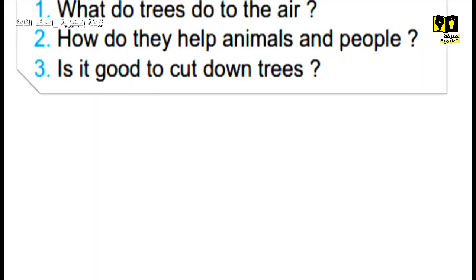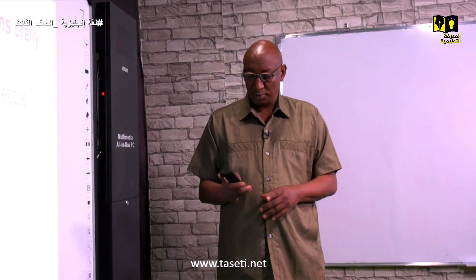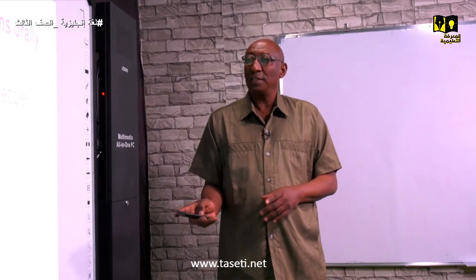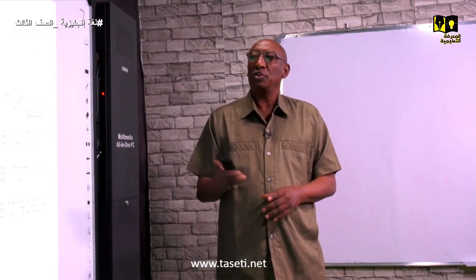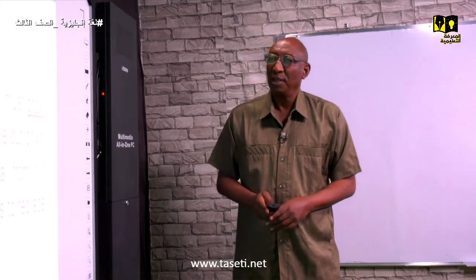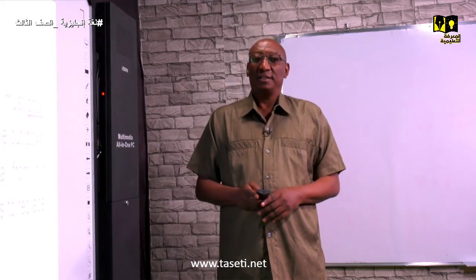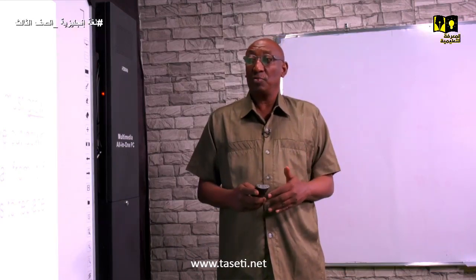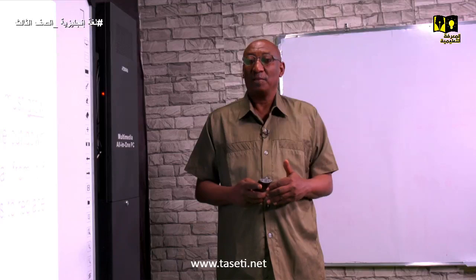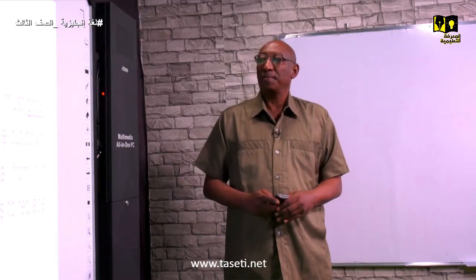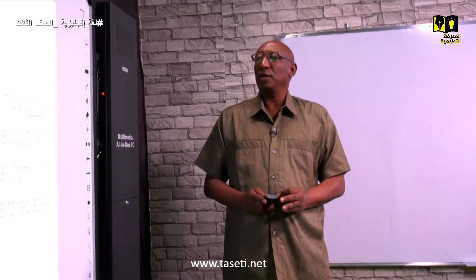Okay, let's have a look at these questions. Well, before that, we need to go to the paragraph and read it together, okay? Are you ready? Repeat after me, read after me. Okay, good. Let's start. We must not cut down trees.